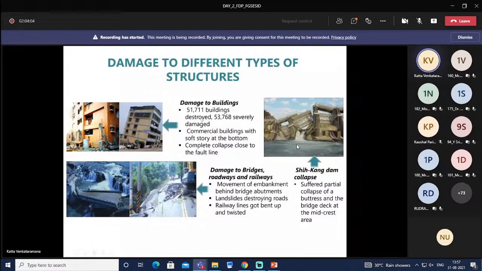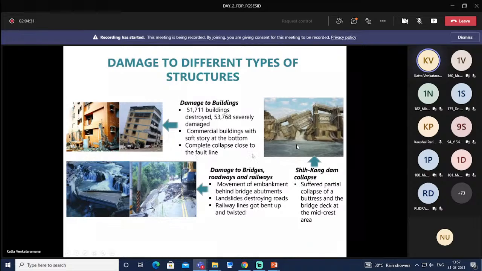Some of the damage pattern here, you can see a ground story has crashed. 51,711 buildings destroyed, more than 53,000 severely damaged. Commercial buildings with soft story at the bottom, complete collapse of the buildings close to the fault line was observed.